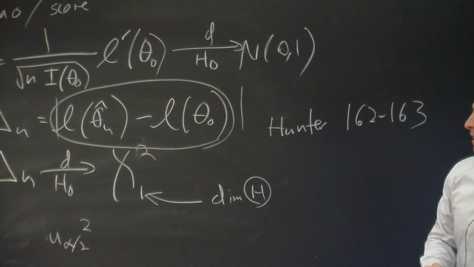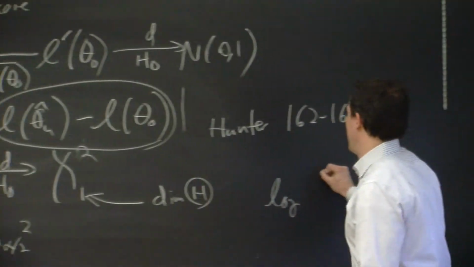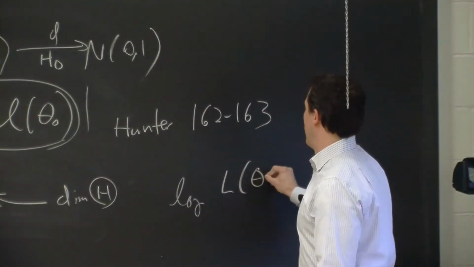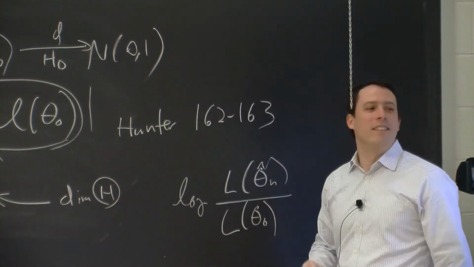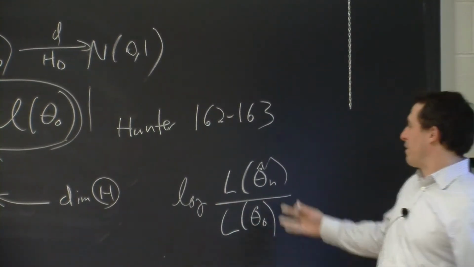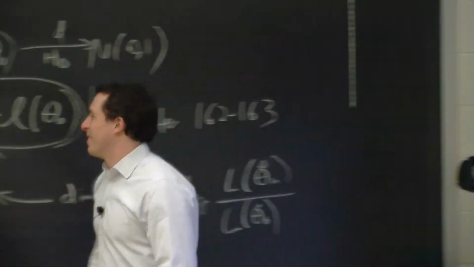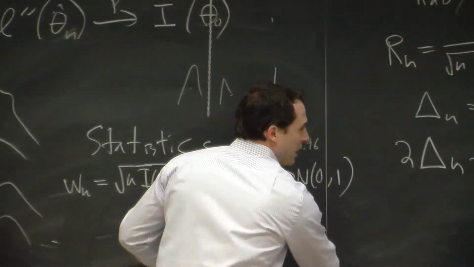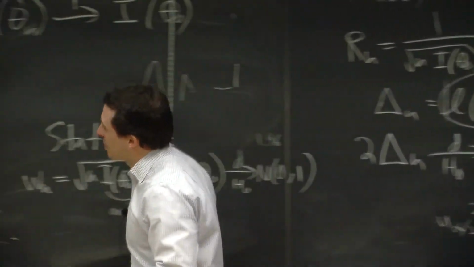It would be log of L(theta hat n) over L(theta naught). So it's the log of the ratio of the likelihoods, which just becomes the difference. Probably when they first did it, it was literally the ratio, and then they found that it was better to work with the logs.